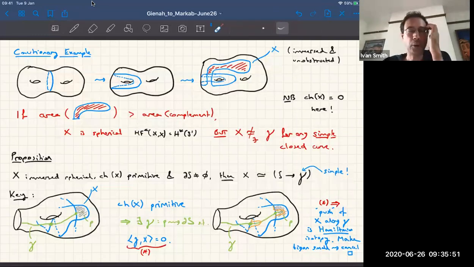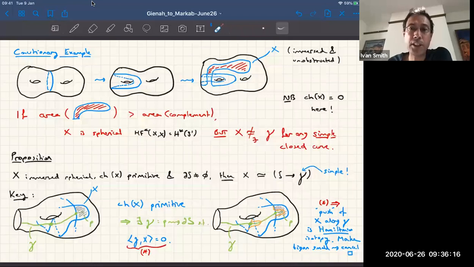Okay, so let me come back to a cautionary example, which I mentioned when Paul and Mohammed were asking questions earlier. If I take a separating closed curve on my genus 2 surface, and I start to bend it around, as in this middle picture, I just bent that so that you could see that I could push the curve through itself, as in the right-hand picture.